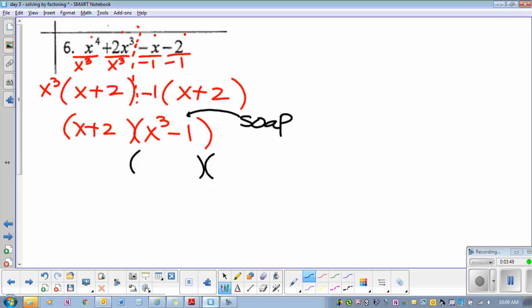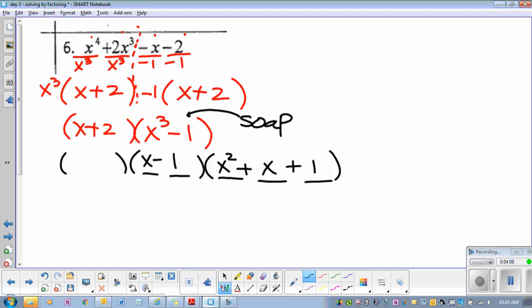Okay. Soap it? Yeah, because x to the third and 1 is a perfect cube. So cube root of x cubed is x. Cube root of 1 is 1. Yeah? First one squared times the 2. Last one squared. Same, opposite, always plus. Don't forget to bring down your x plus 2. Okay?